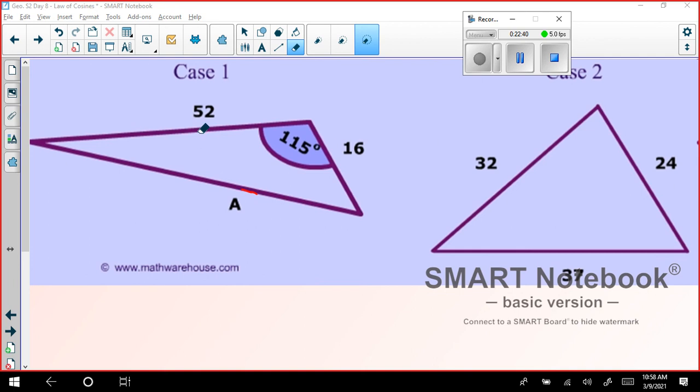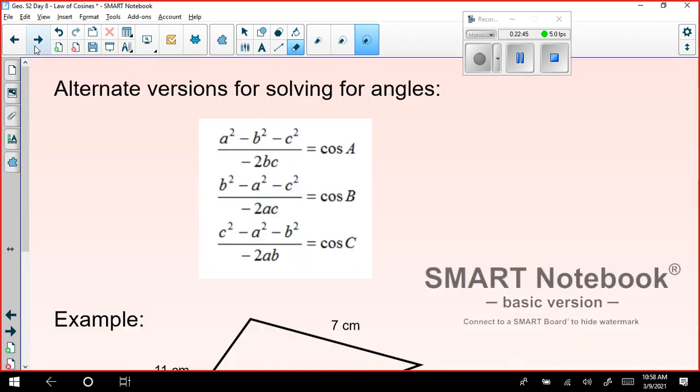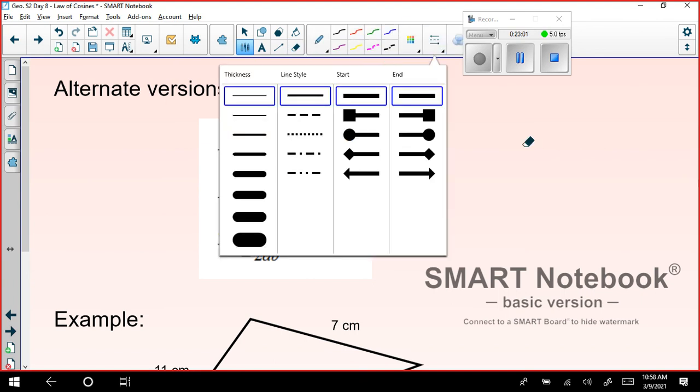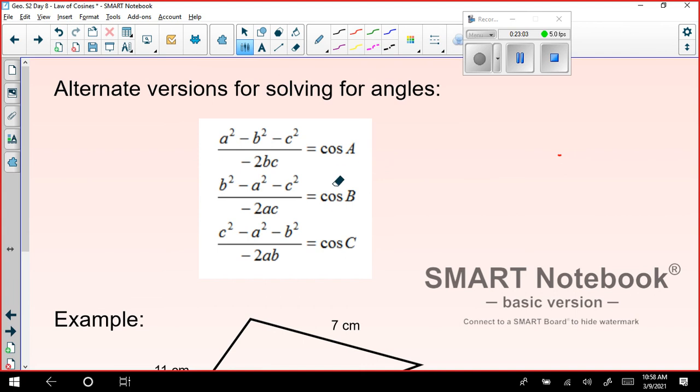Before we work these two problems, I want you to see how we can rearrange the law of cosines. We already had a square equals b square plus c square minus 2bc cos A. Let me rearrange and rewrite the law of cosines. If they have given all the sides and they are asking you to find the angles, we can rearrange it in this format.